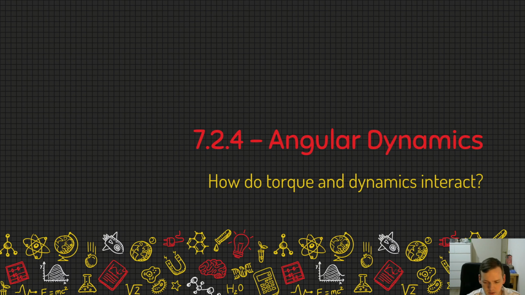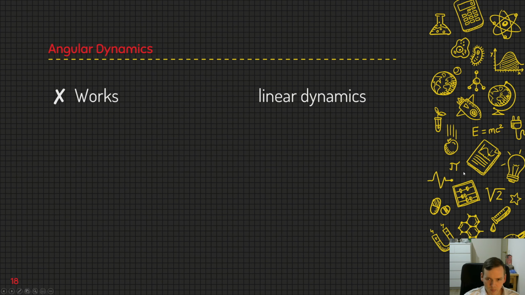All right, now that we've talked about all of the individual pieces and components, we can bring them together looking at angular dynamics. So this works very similarly to linear dynamics.